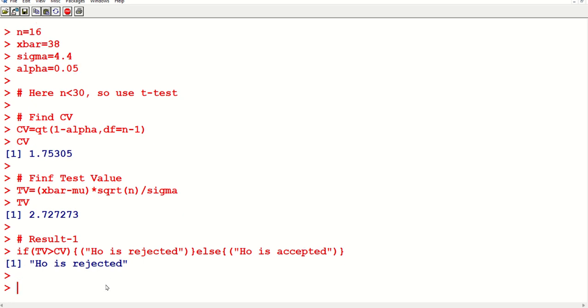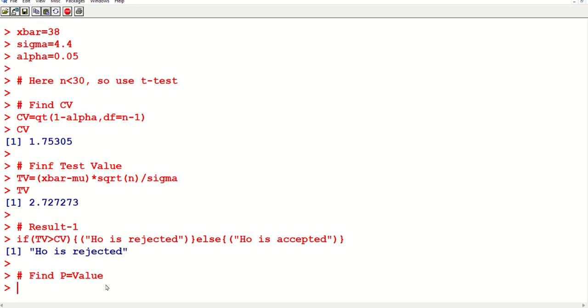Now we need to find the p value. What is the formula for the p value? Same. It is a one side problem, and it is greater, so it will not be pt, it will be 1 minus pt, bracket start, the test value comma the degree of freedom.